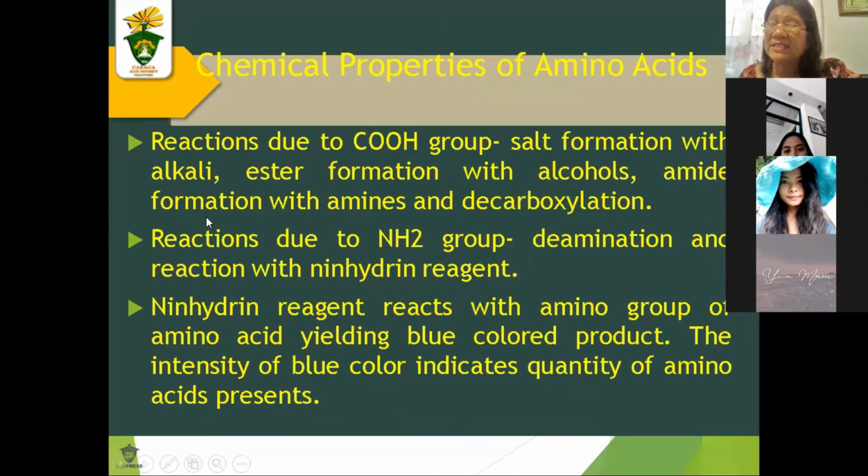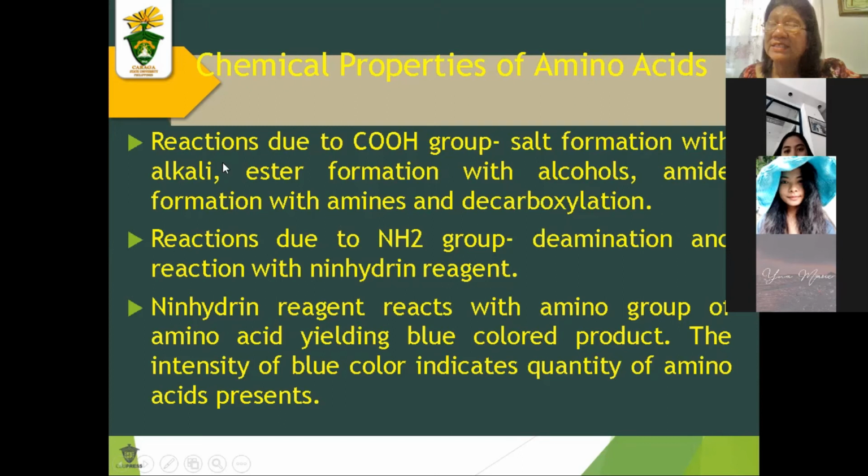So, what are the chemical properties of amino acids? The first is the reactions due to the COOH group: salt formation with alkali, ester formation with alcohols, amide formation with amines, and decarboxylation.